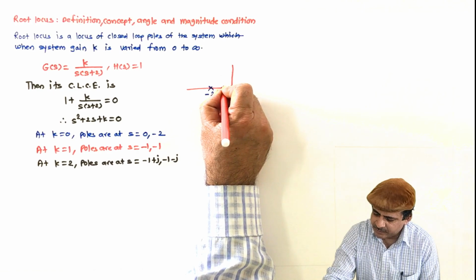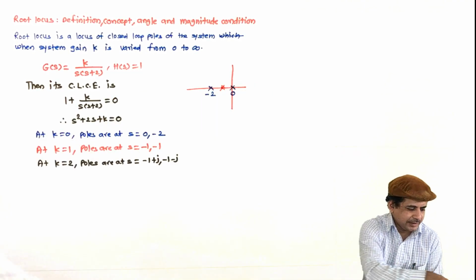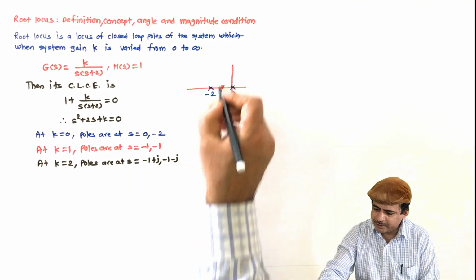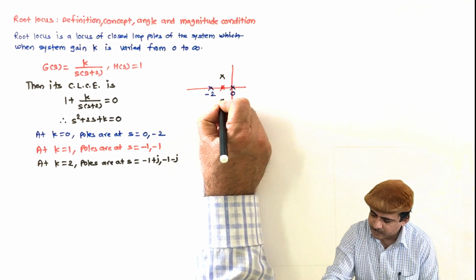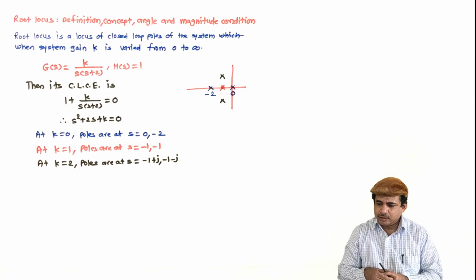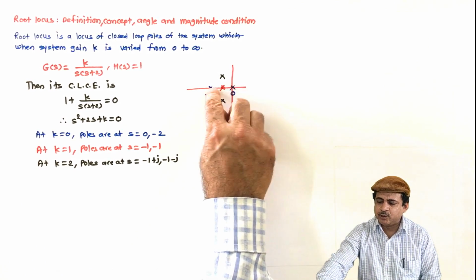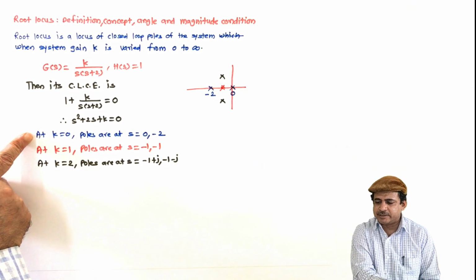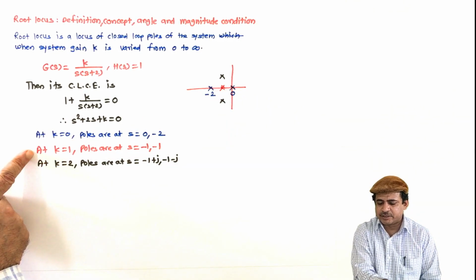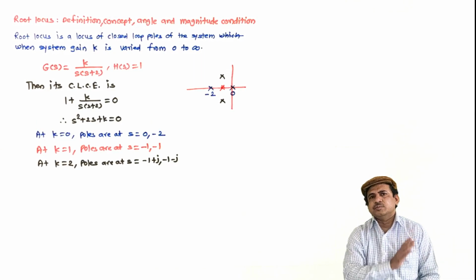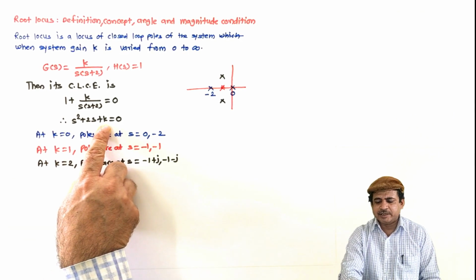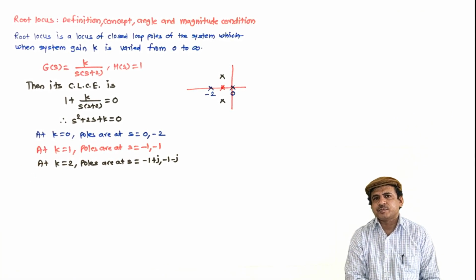Here they were repeated, and then they move to this one. So the poles located with blue ink denote one condition, with red ink another condition, and with black ink the third condition. And this way it will move. And when k becomes infinity, the poles will also be at infinity. So this entire locus can be sketched.